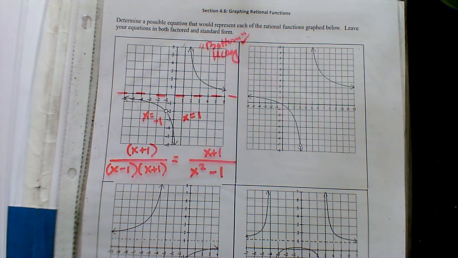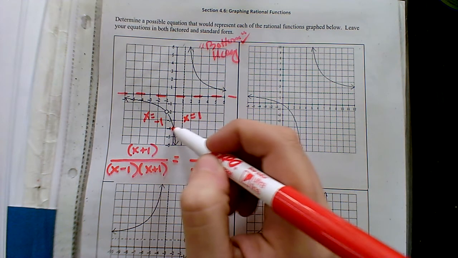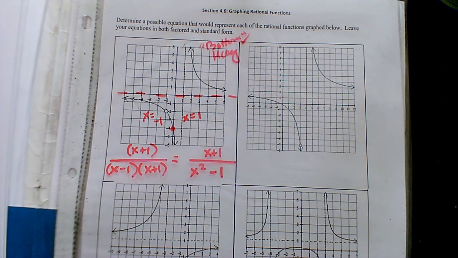What about any of the intercepts? X or y? Y-intercept at negative 4. Okay. How is that related to our function?